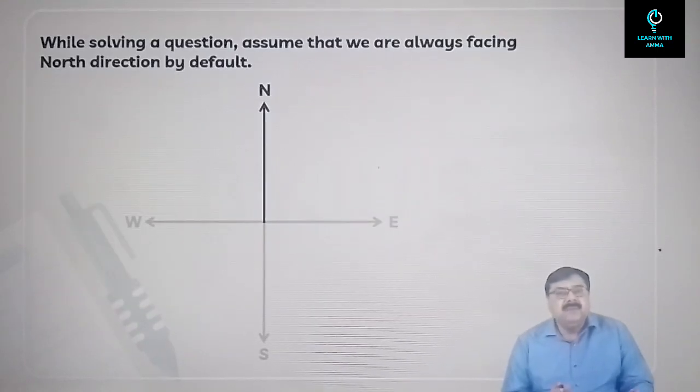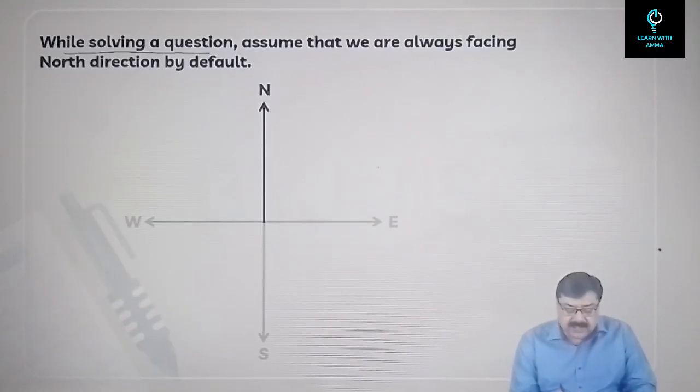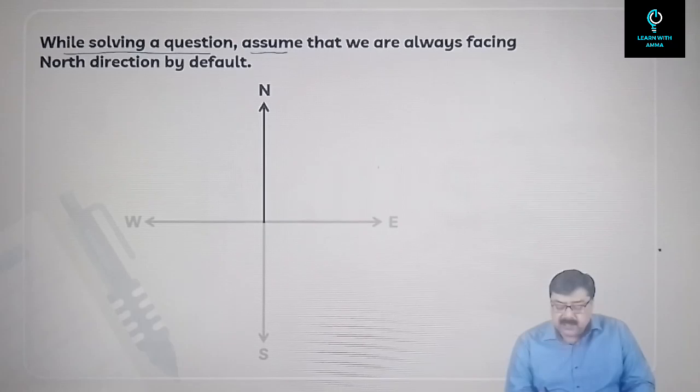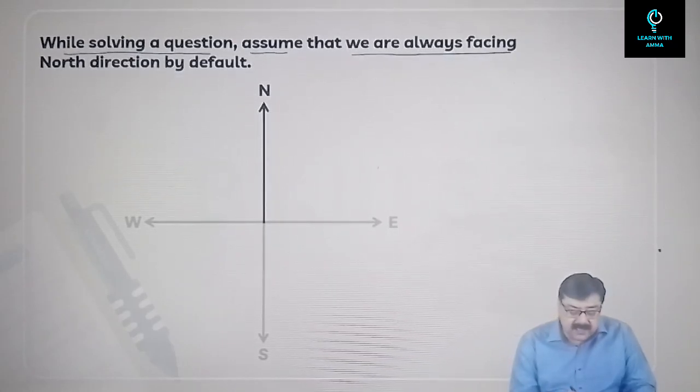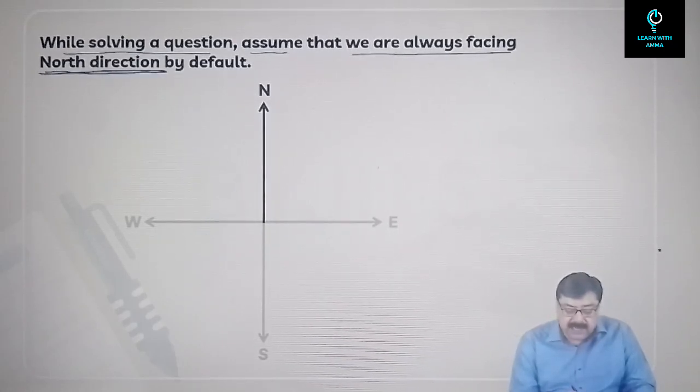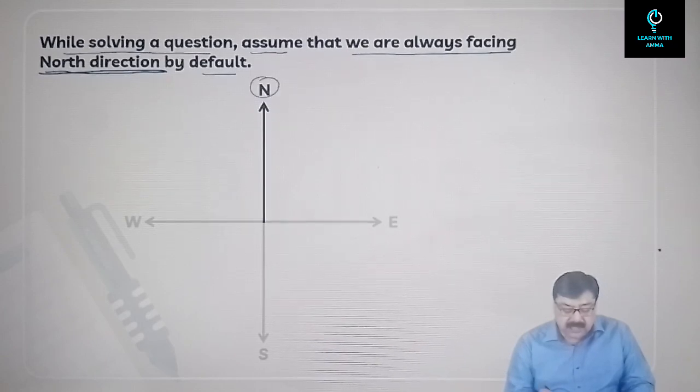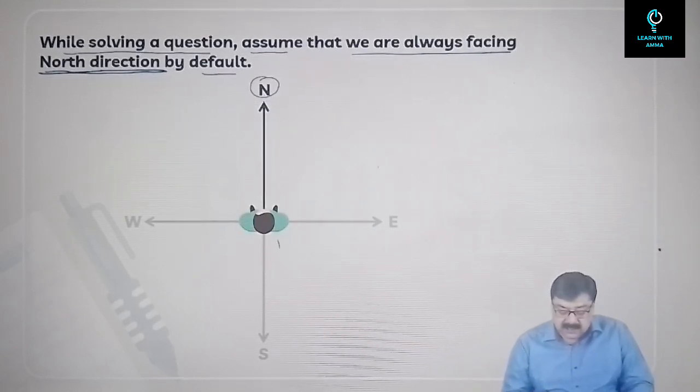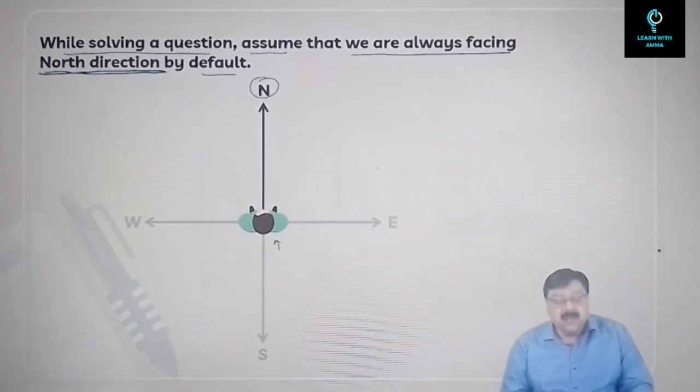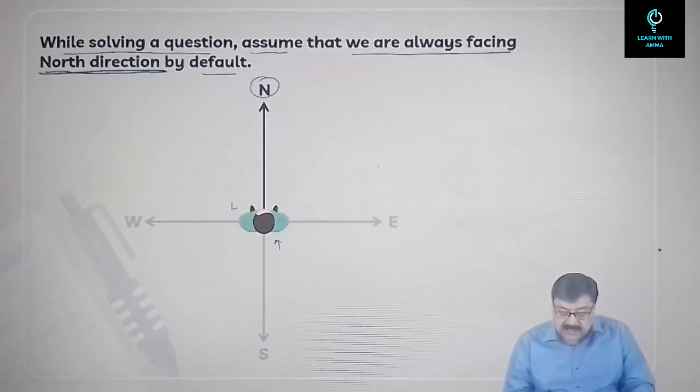Now certain basic fundamentals. While solving a question, assume that we are always facing north by default. This is north and this is us, so we are facing towards north. This is our left and this is our right hand side.